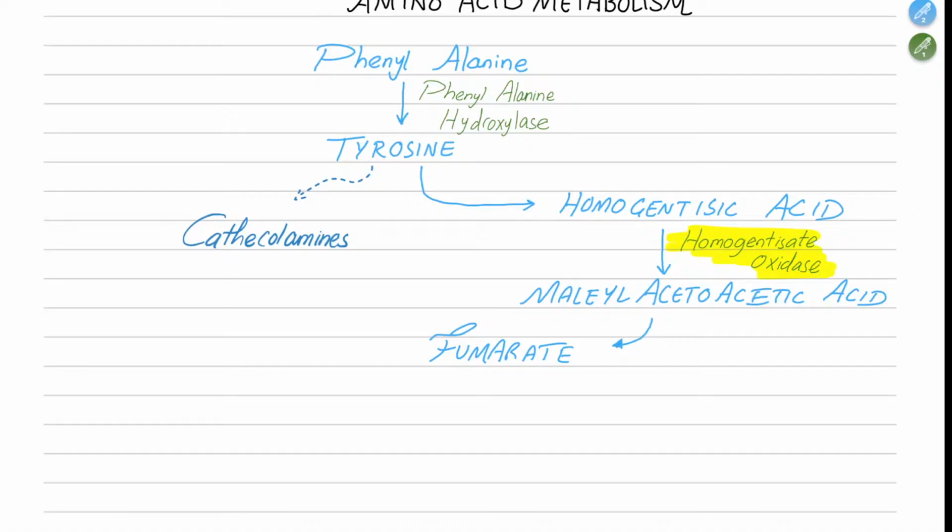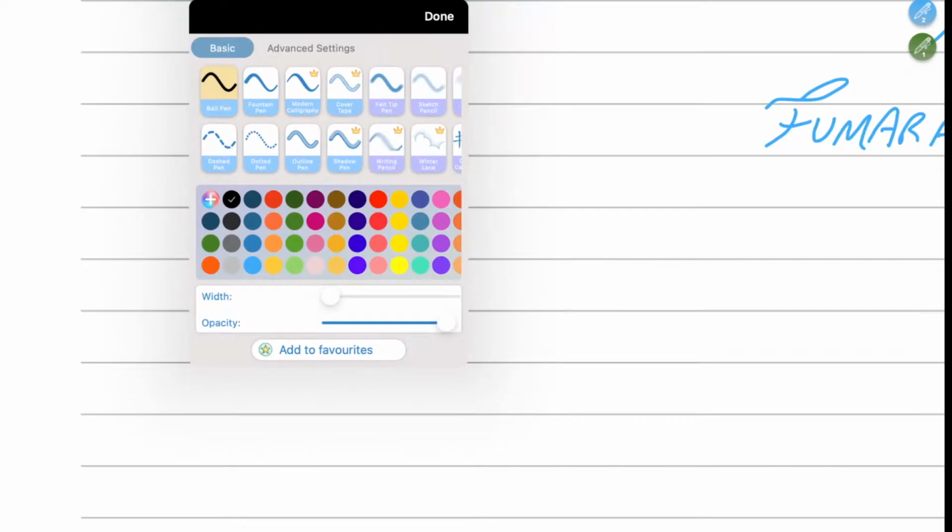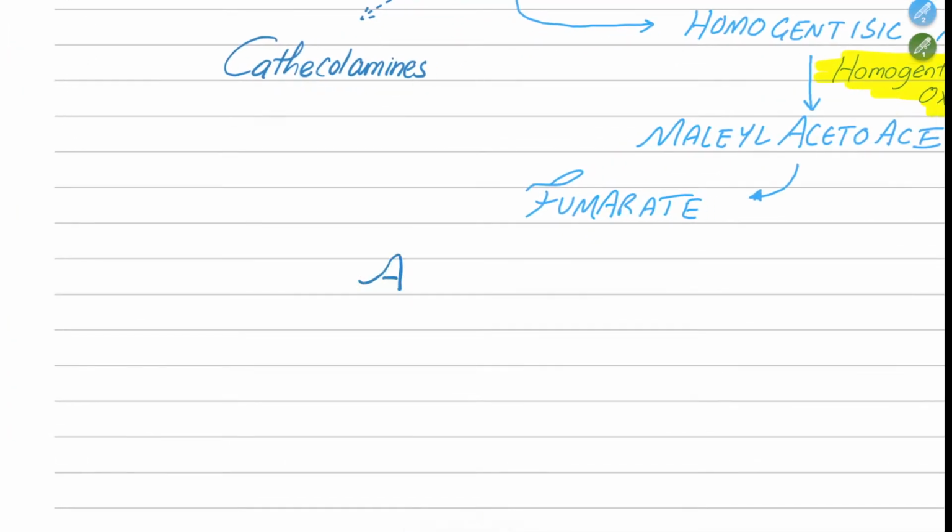So you have a disease called alkaptonuria. I'm going to write it down in red. Alkaptonuria is interesting because in this you have a deficiency of homogentisate oxidase.